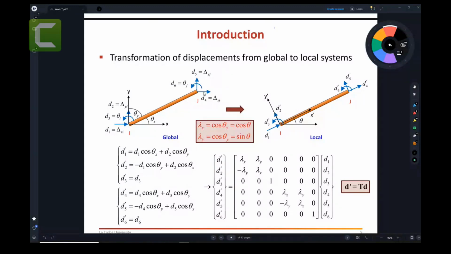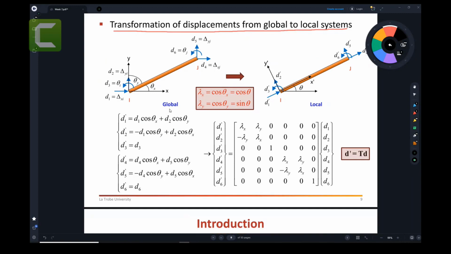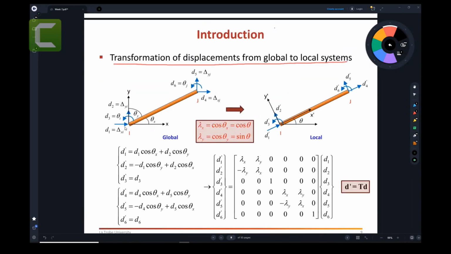Okay, so that's what I'm talking about. When you want to transform the displacement from global to local, there is a system which I'm not going to go into great detail for. I will give you those matrices straight away. Basically, D1 dash represents your local displacements.